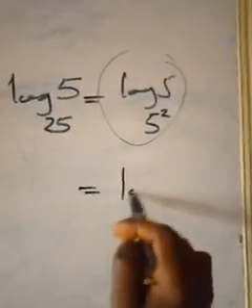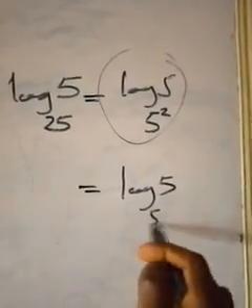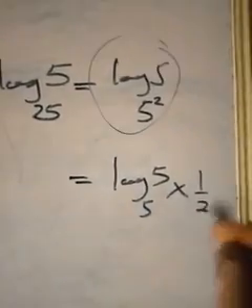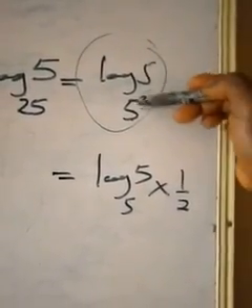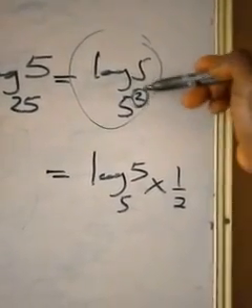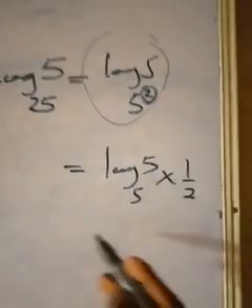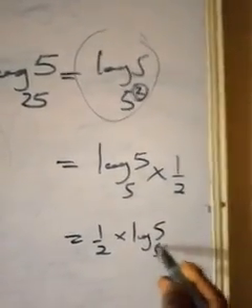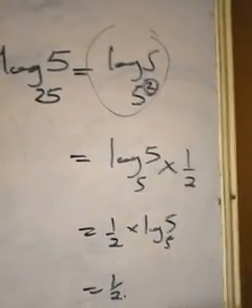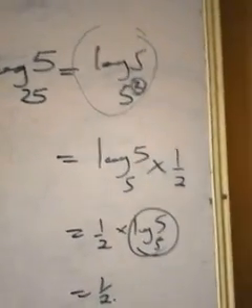So we have log 5 base 5 multiplied by 1 over 2, that is 1 over 2 times log 5 base 5. Our answer will still be 1 over 2, because this one is going to give us 1. Let's go back to the question.